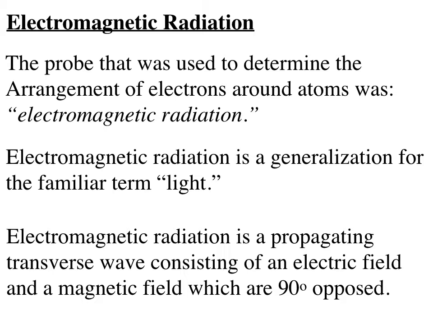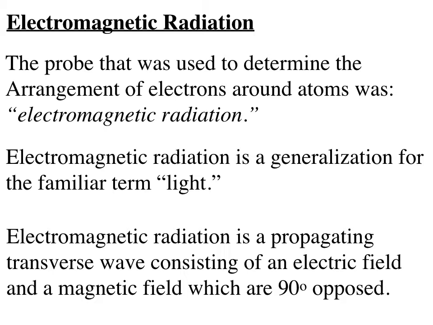You can't even put it under the most powerful microscope that we possess to see the way the electrons are arranged around the nucleus of an atom. So ultimately, how the structure of the electrons around a nucleus was unraveled was to shine light on the atom. And the way that the atom interacted with the light allowed scientists to unravel the mystery of the structure of the electrons around the atom.